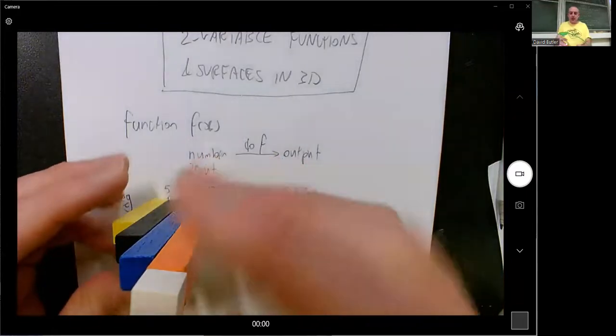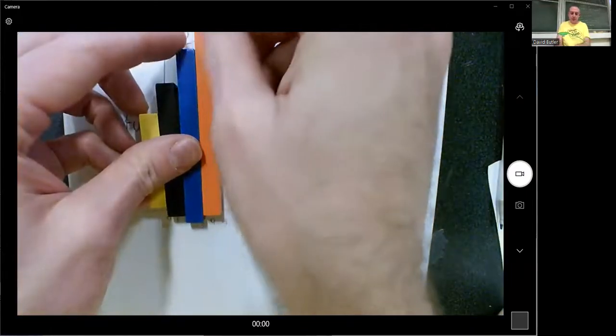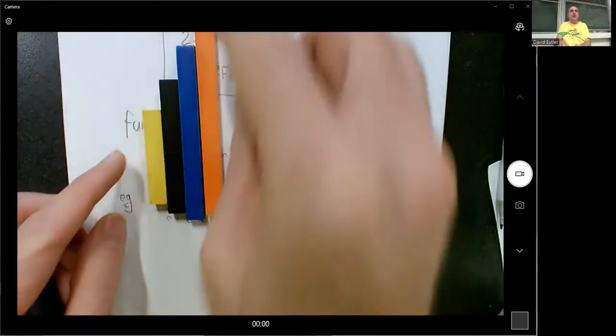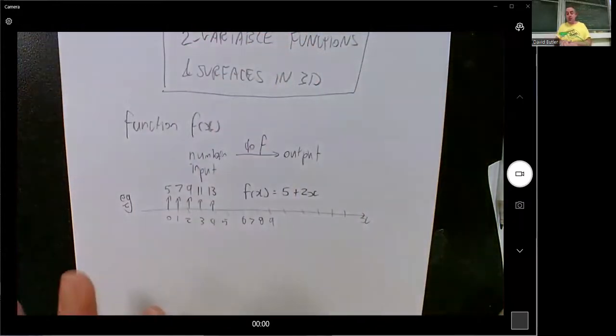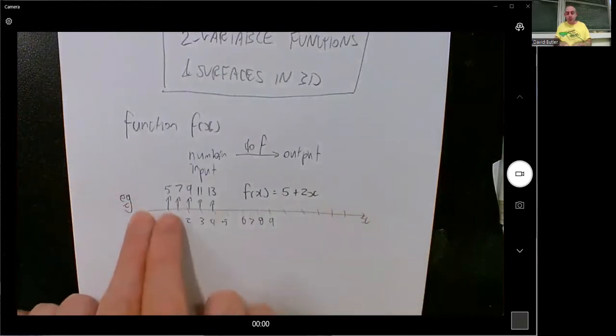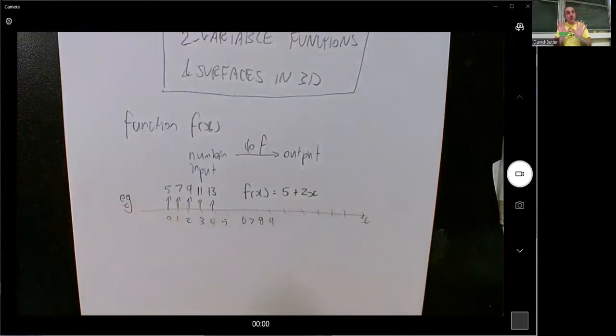And when you lay all that down, you get this wonderful little graph. You go, oh, look, it's a straight line. Okay, so that's one way of imagining what a function is doing. We interpret all of the numbers here as heights, and then you can create a graph from that.